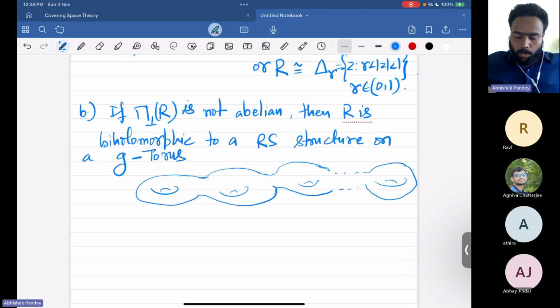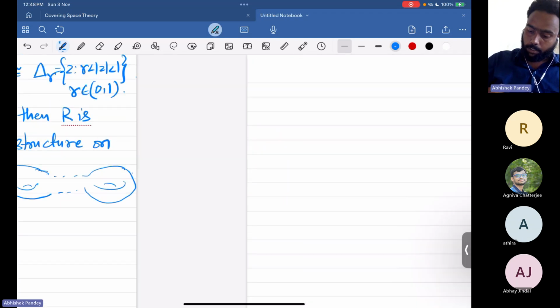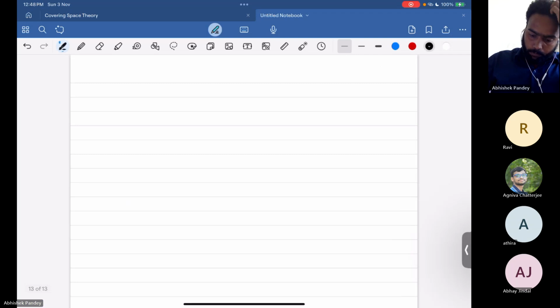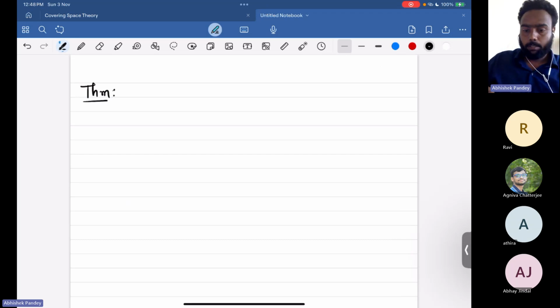So as I mentioned, why are we even considering this fundamental group? Here is the result. Theorem: let me write it in the surface case.